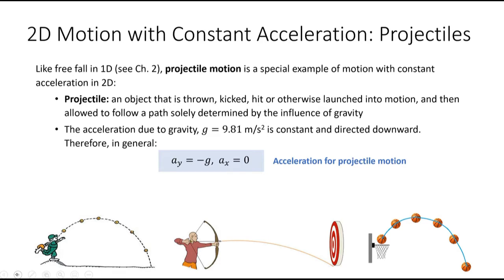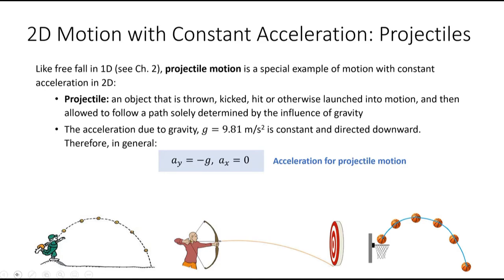All right, nothing is acting on the projectile in the air. And so what that means is that it's not going to accelerate in the x direction. And so the x component of the acceleration for a projectile is always going to be 0. So these two things in the blue box, you're always going to want to think about: acceleration in the y direction is minus g, acceleration in the x direction is 0 whenever you have a projectile.